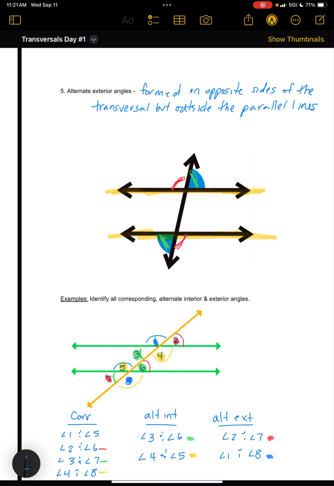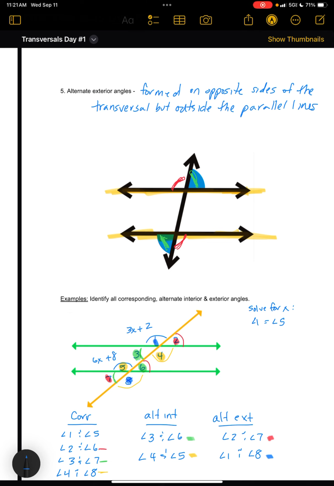The only other thing that I want to go over is this. If I tell you that angle 1 is 3x plus 2, and I tell you that angle 5 is 6x plus 8, and we want to solve for x, we know that angle 1 is equal to angle 5, right?